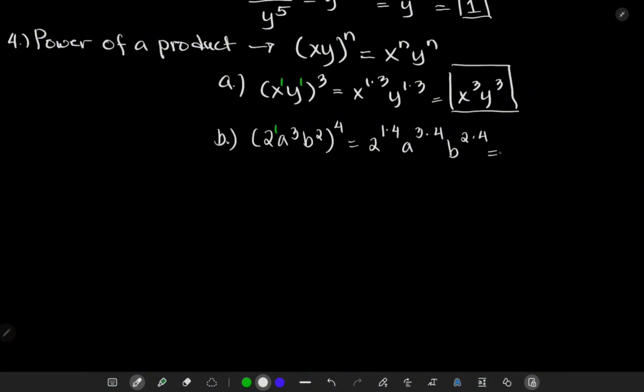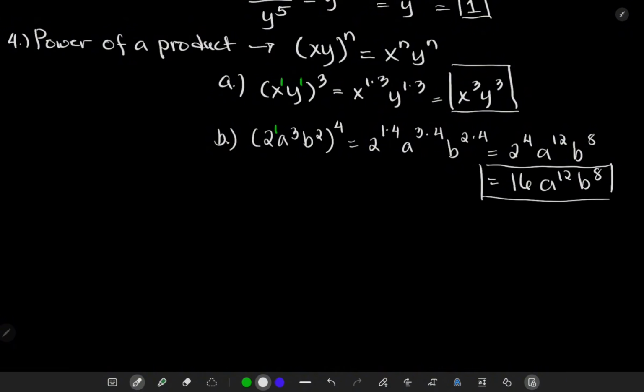So that is equal to 2 raised to 4, a raised to 12, b raised to 8. And then 2 raised to 4 is 16. So we have this as our answer.